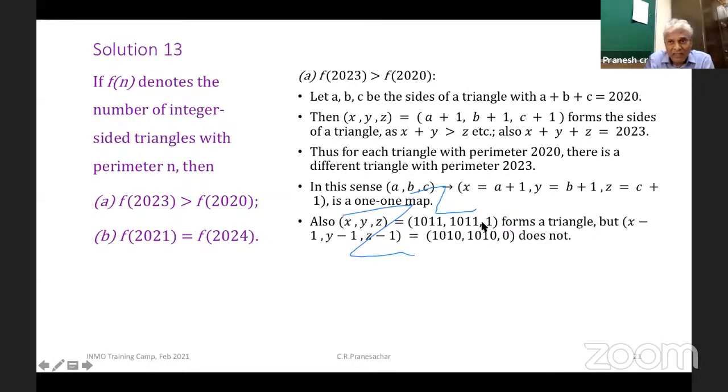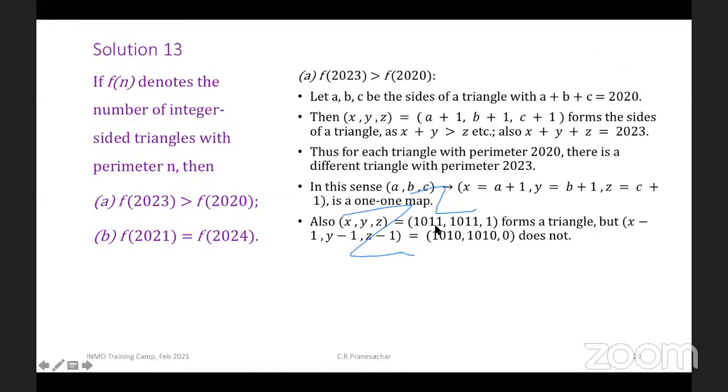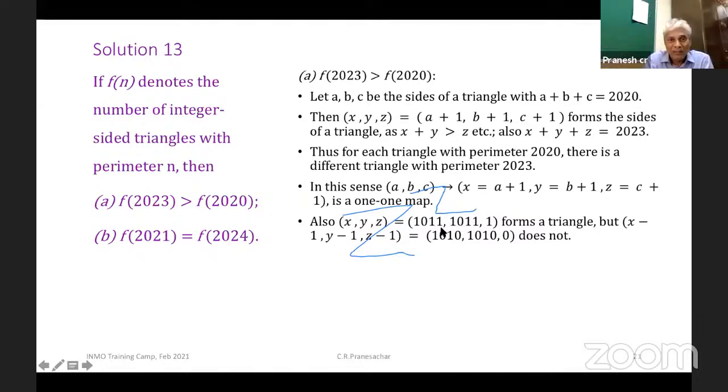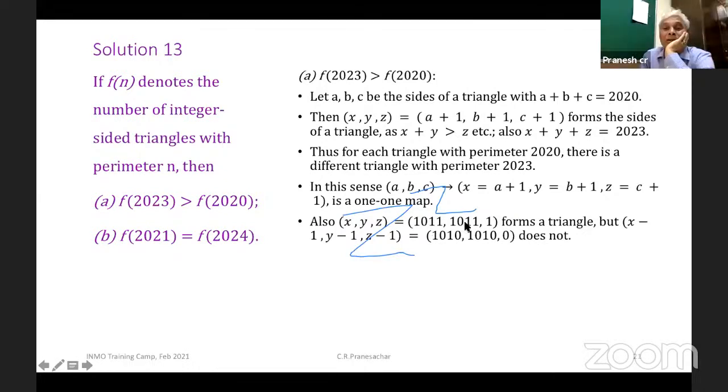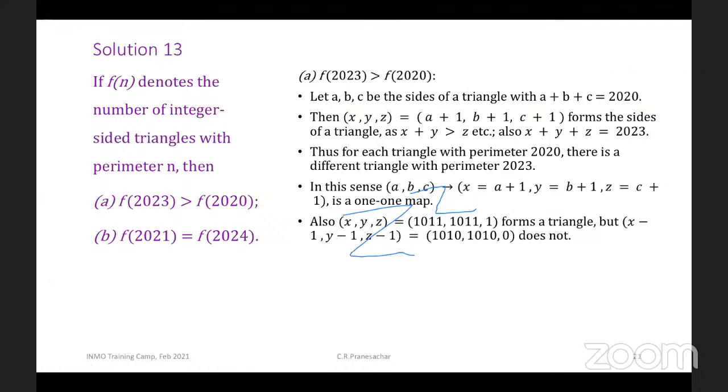You could take 3 here, but these two have unequal sides. Don't take equal sides here. See, if you take 3 here, the sum of the other two sides will be 2020. Okay. So you take, for example, 1010. Sir, 1011. 1011. Other one? Sir, and the rest two numbers will be different, means anything.